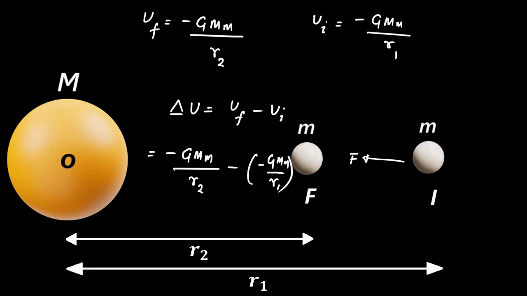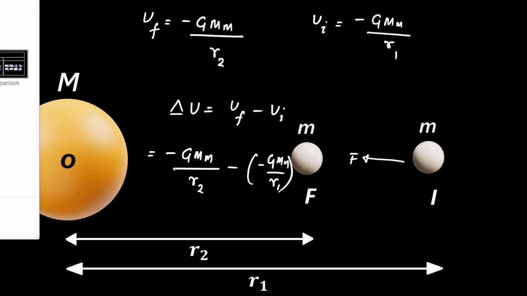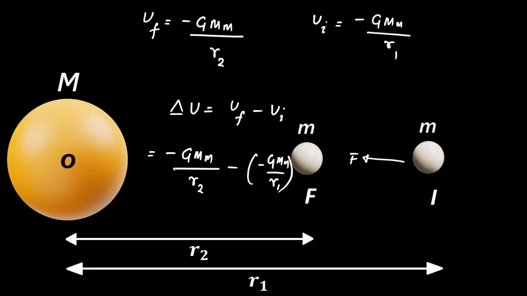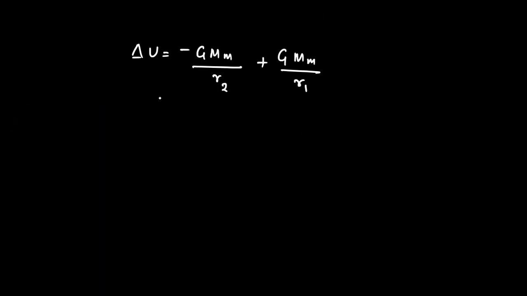So the change in potential energy is equal to minus G capital M small m by r2 plus G capital M small m by r1. Taking G capital M small m common, we can write it as 1 by r1 minus 1 by r2. This is the change in potential energy.